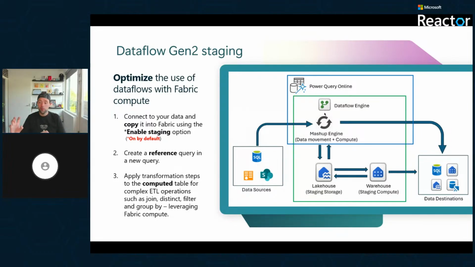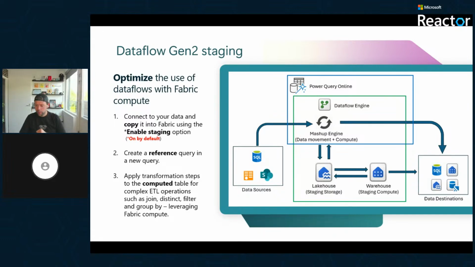This staging compute allows you to perform those SQL queries against the warehouse, use that for processing it further, and then write it directly to the data destination. For example, if we have a warehouse staging and we want to write it to a warehouse data destination, it actually pushes it right away to the warehouse staging without going through the engine again.